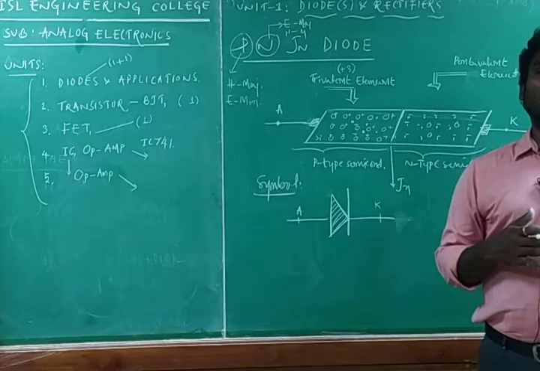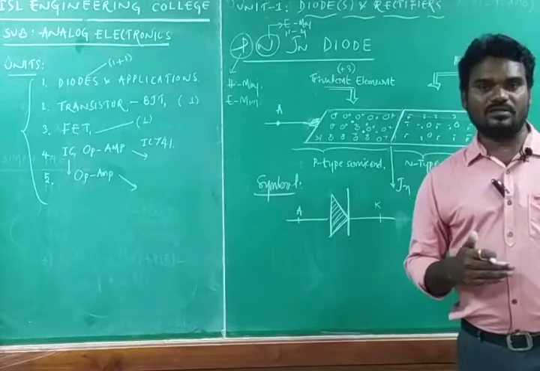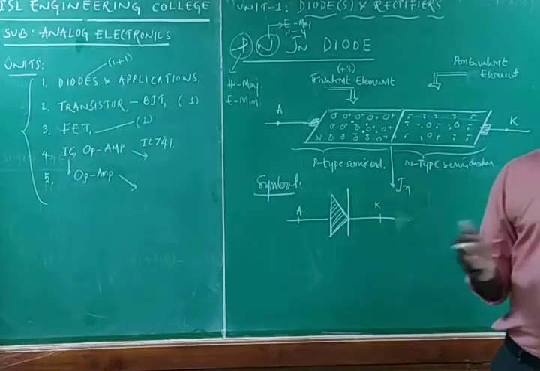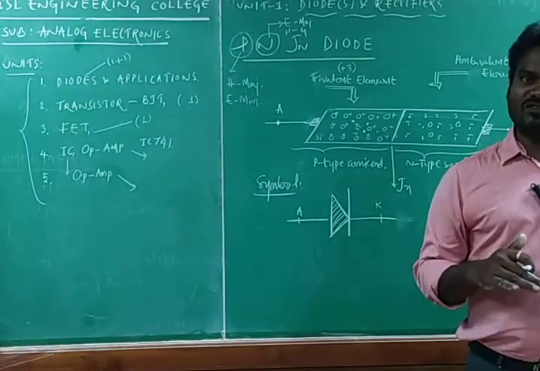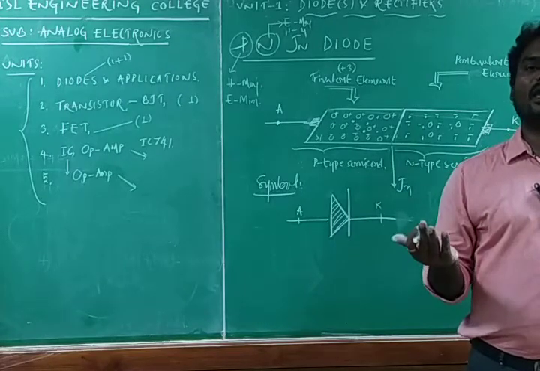That layer is called the depletion layer, and it stops the further flow of electrons from the n side to the p side and of holes from the p side to the n side, so there won't be a current.